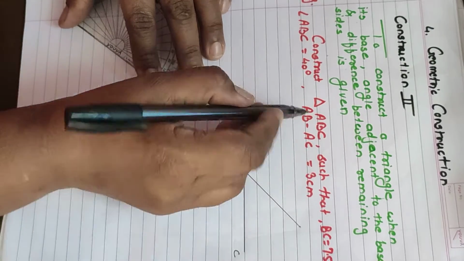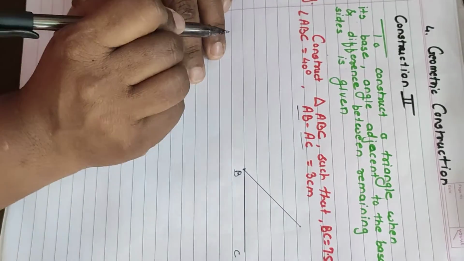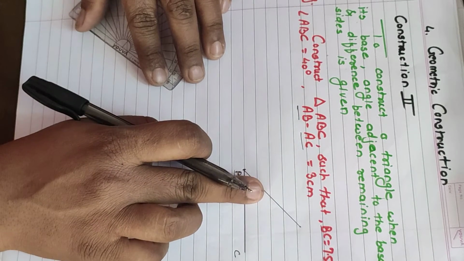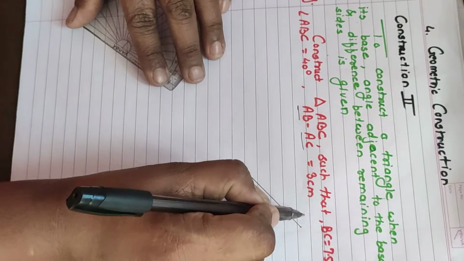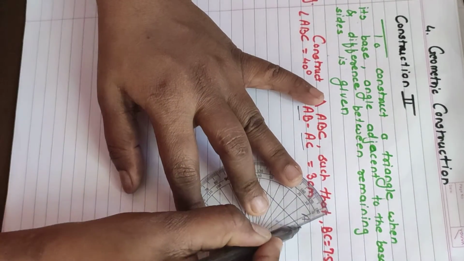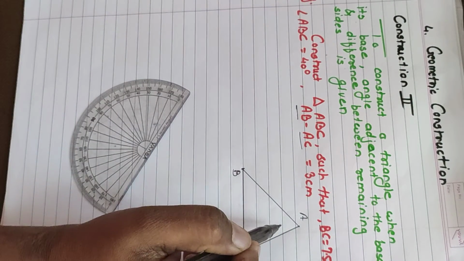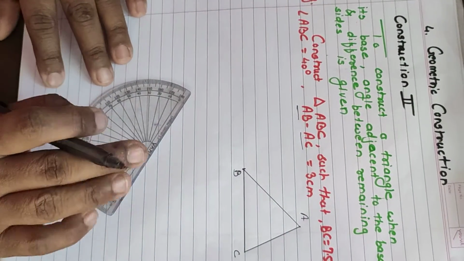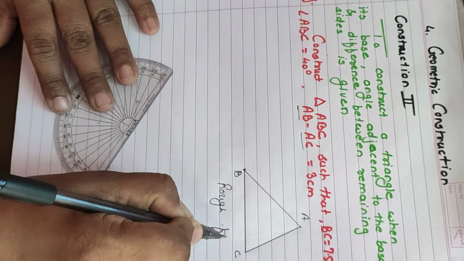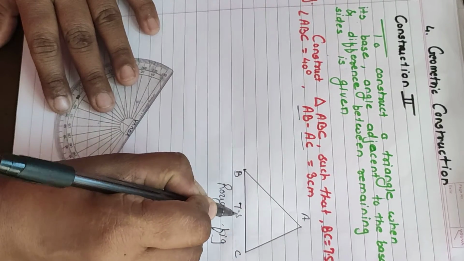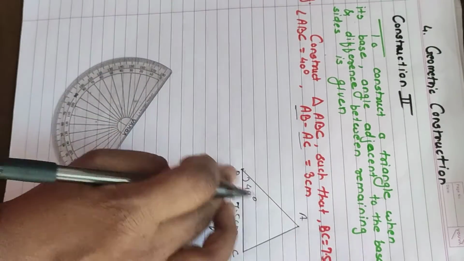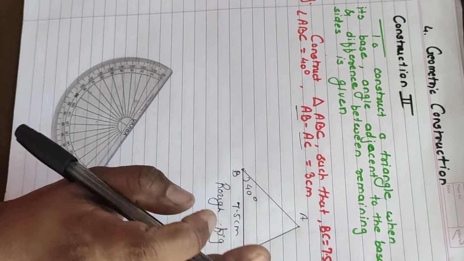From this we understand that AB is greater than AC. So in the rough figure we show AB greater and AC smaller. BC is equal to 7.5 centimeter, angle B is equal to 40 degree, and AB is greater than AC.